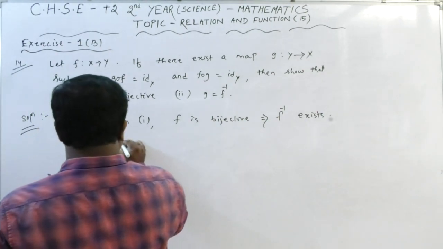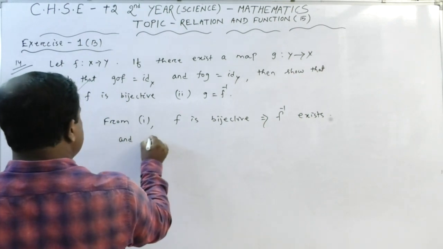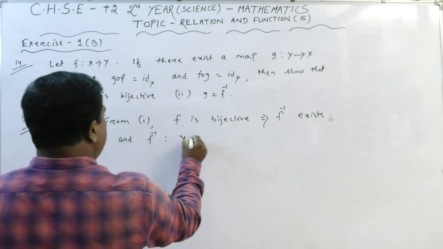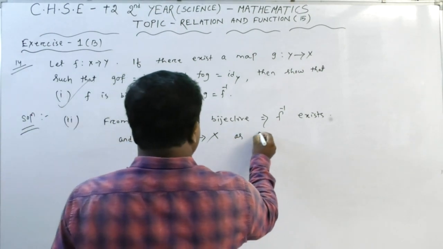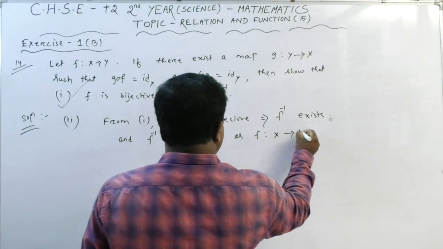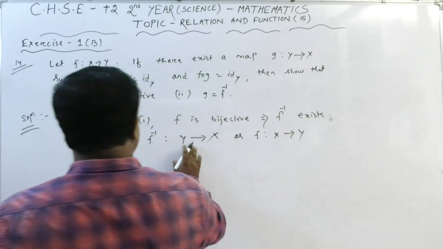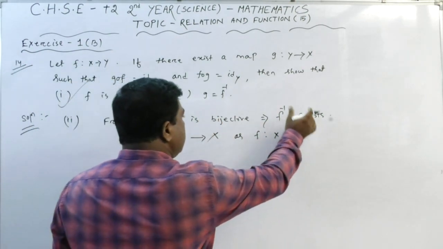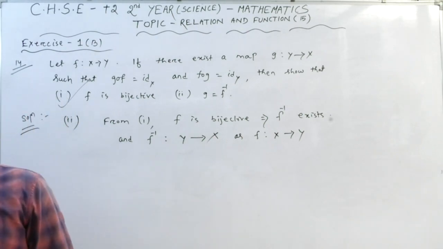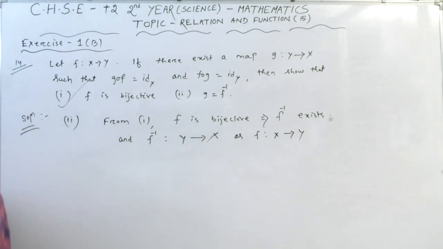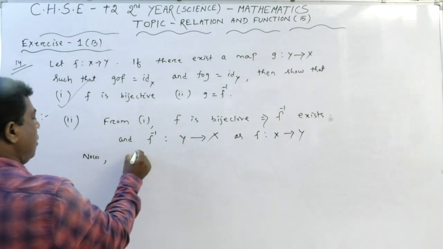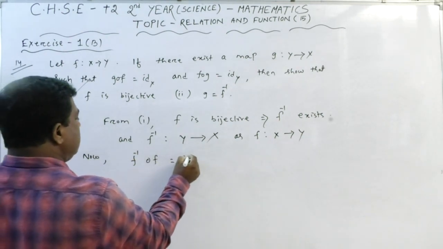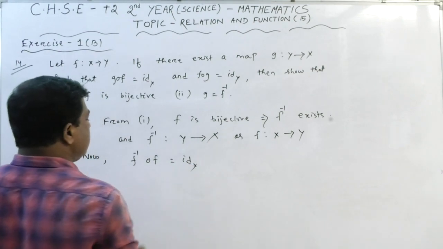And f inverse is from where to where? Y to X, as f is from X to Y. So since f is from X to Y, f inverse is from Y to X. So we can say now f inverse operated on f is equal to identity on X.